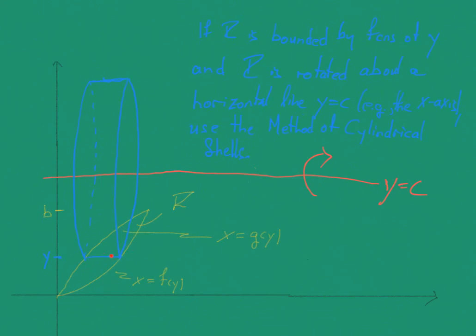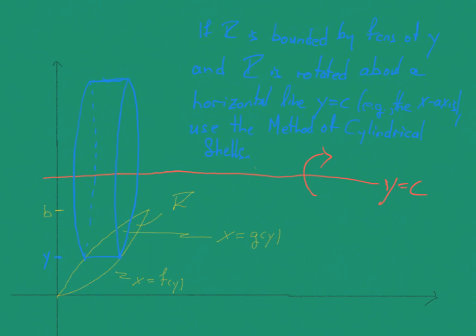Then rotate just that horizontal line segment alone about our horizontal line y equals c in this case, and look to see what sort of shape you will trace out. In this case, you will trace out a shape that looks like a cylindrical shell. Therefore, you should use the method of cylindrical shells.